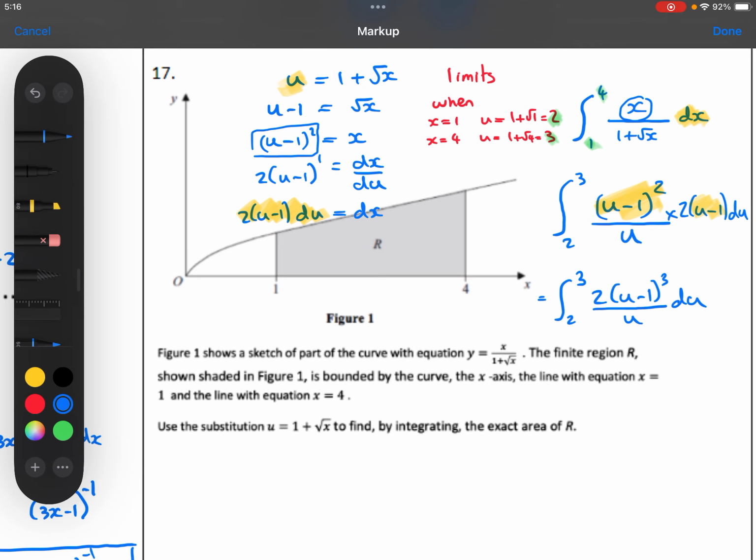We can now expand out those brackets because we're going to need to divide each of the terms by the u from the denominator. So expanding those brackets, we've got u cubed minus 3 lots of u squared plus 3 lots of u minus 1, all over u.